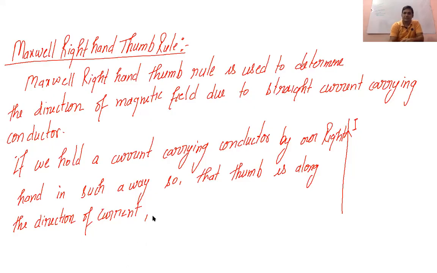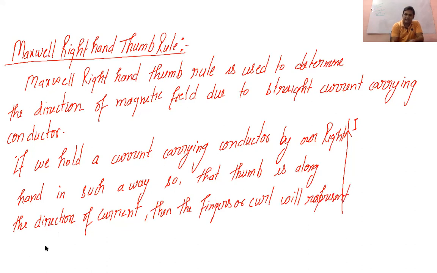So we can say the direction of current, then the fingers or curl will represent the direction of magnetic field.